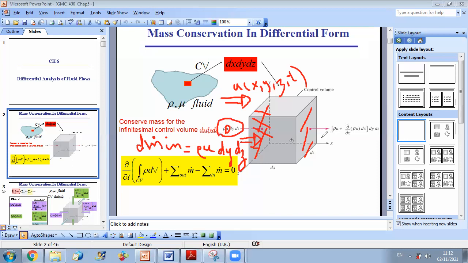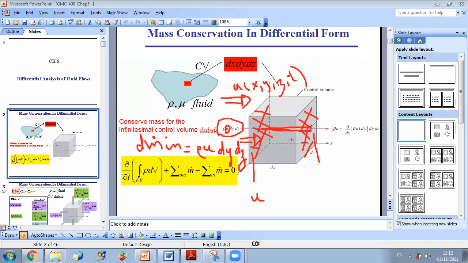Now, what will happen on this opposite face? If you have a velocity u at this level, you will not have exactly the same velocity here, because u can vary with position. And as we move from this point to this one, we are just moving along x.